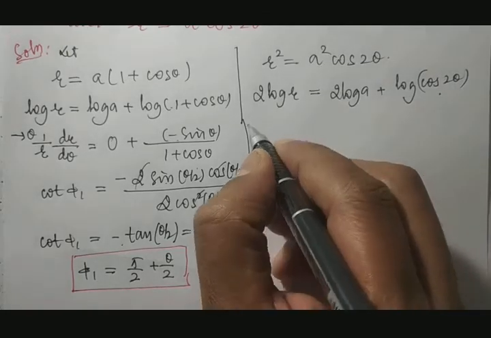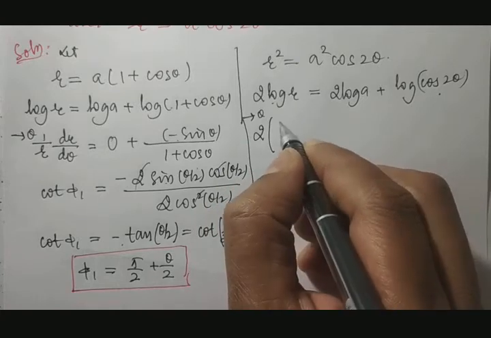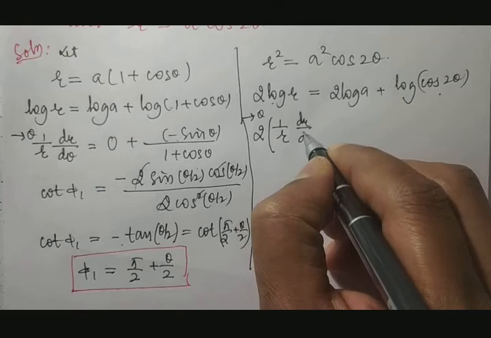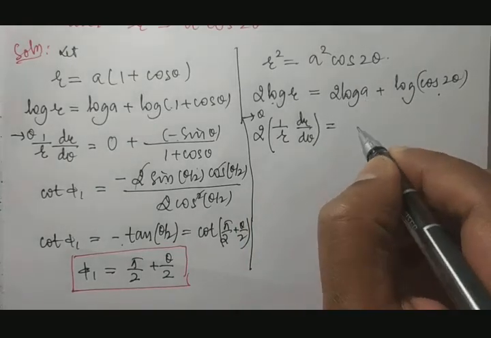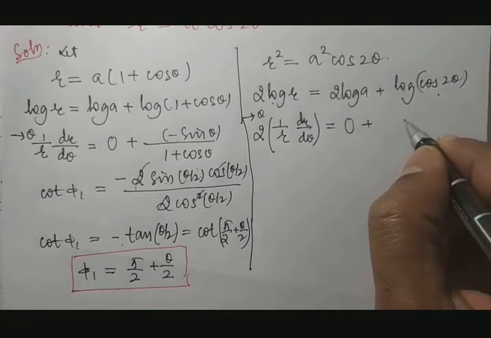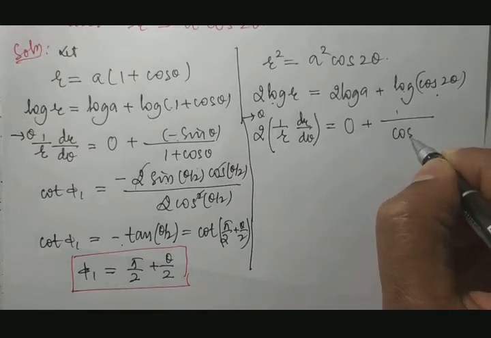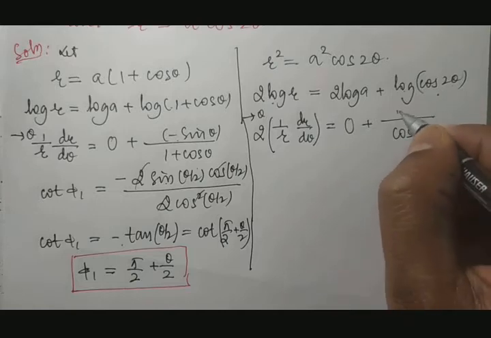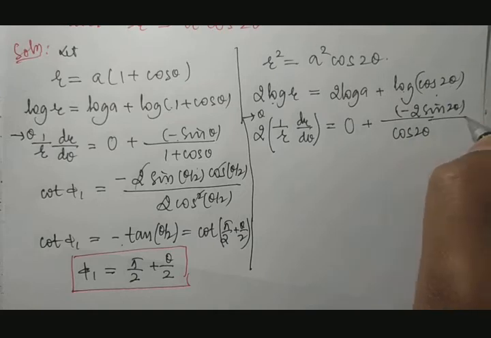Okay, so differentiating with respect to theta provides 2 into differentiation of log r, which is 1 by r into dr by d theta, equal to 2 into log a differentiation is 0, plus differentiation of cos 2 theta is 1 divided by cos 2 theta into differentiation of cos 2 theta, which is minus 2 into sin 2 theta.